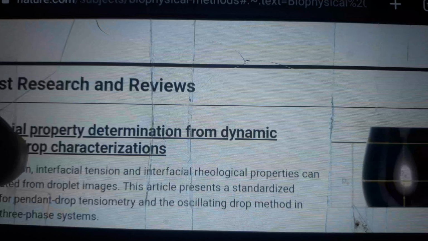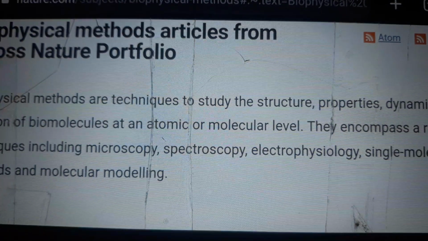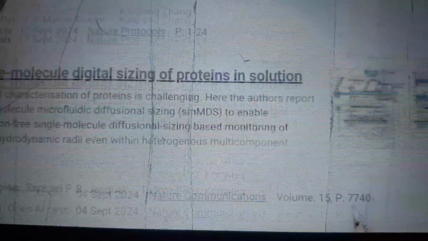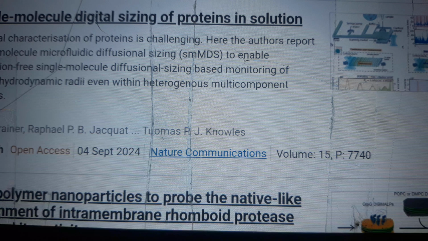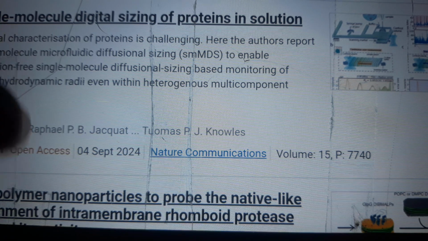Before we can proceed, I just want to show you the topics we'll be covering on the latest research and reviews in biophysical methods, which are articles from Nature Portfolio. We've just finished discussing single molecule digital sizing of proteins in solution.